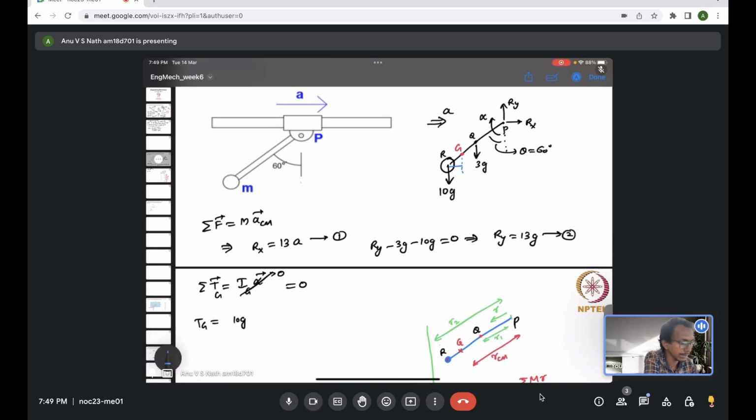10g is located at a distance, this much distance. This is the moment arm for 10g. If I extend, this angle will be 30 degrees only, right?